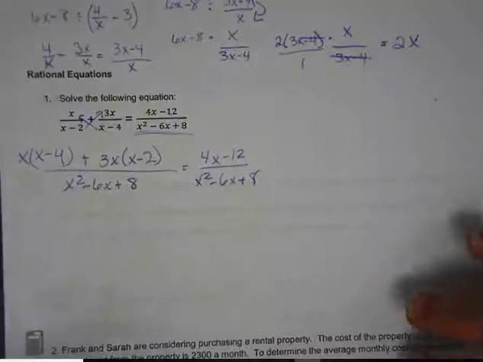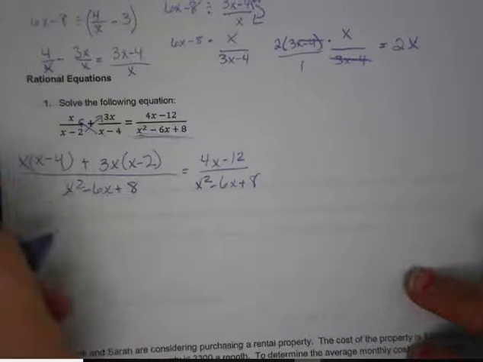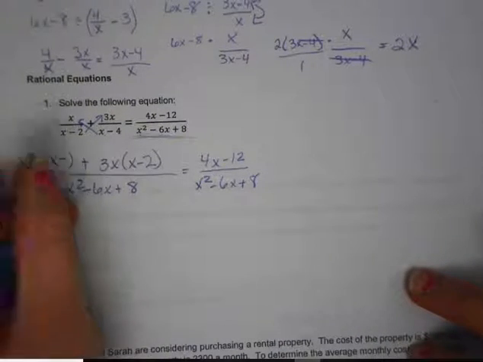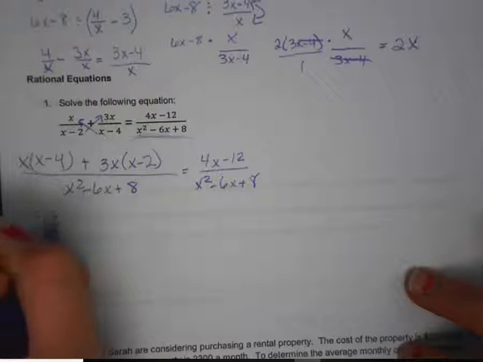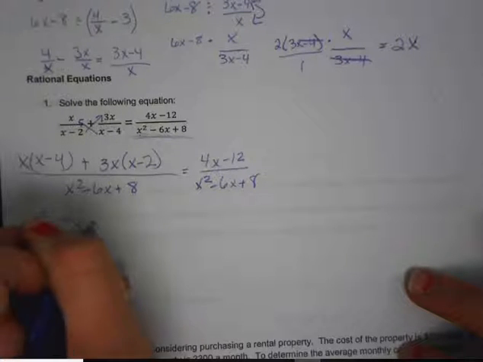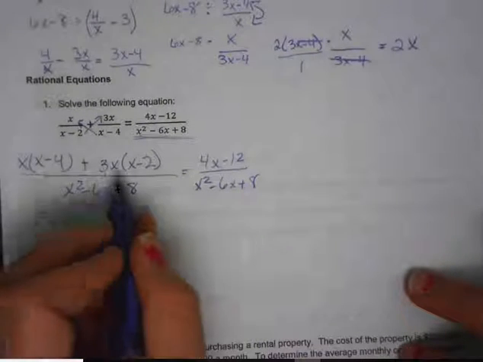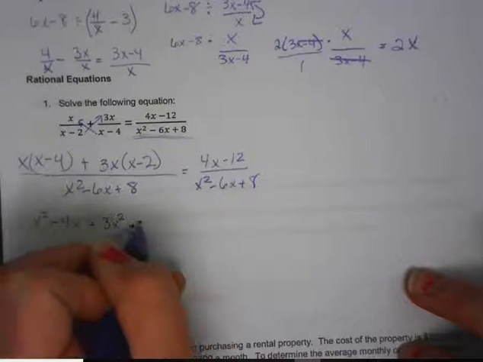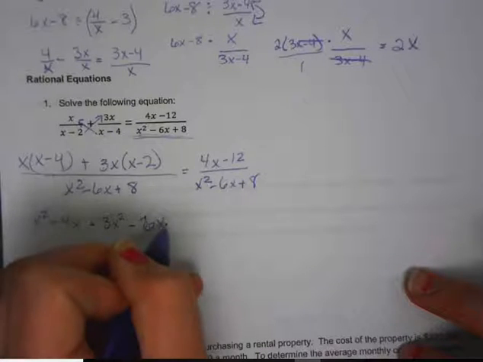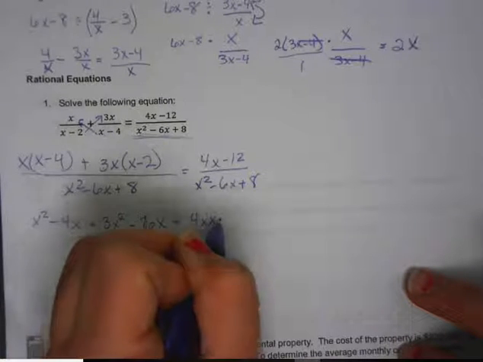And now we're going to simplify the numerator of the first half of the equation. So x times x is x squared minus 4x. 3x times x is 3x squared. 3 times negative 2 is negative 6x. And that's going to be equal to 4x minus 12.